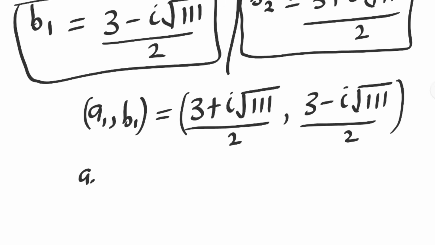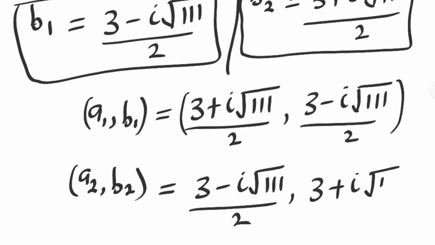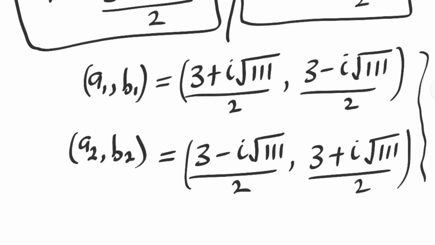Then a2, b2 is equal to 3 minus i square root of 111 over 2, 3 plus i square root of 111 over 2. These are the final answers.